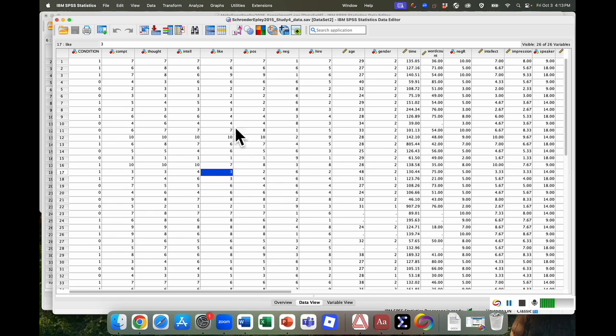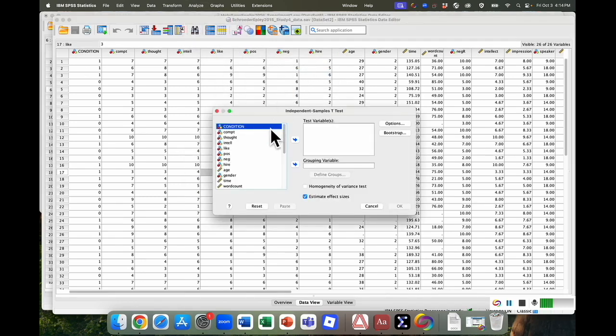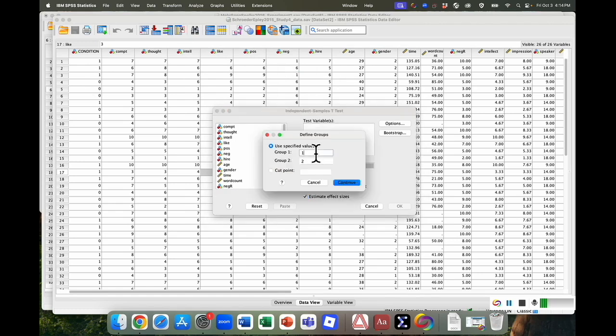Now, for the independent samples t-test, we're going to compare condition on the perceived intellect of the candidate. So we're going to analyze, compare means and proportions, independent samples t-tests. Our grouping variable is condition. That's the audio and the transcript condition. Now we need to define our groups. We know that our groups are group 1 and group 0.